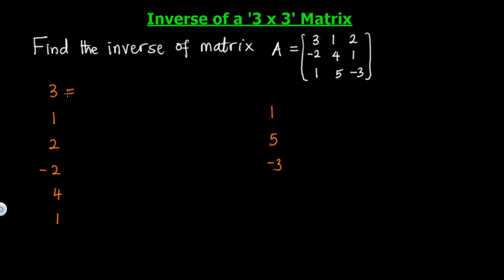So we are going to look for the determinant of the minor of each. Remember, for this 3, when you close this row and you close this column, you have 4 multiplied by minus 3, that's minus 12 minus 5. That gives you minus 17.